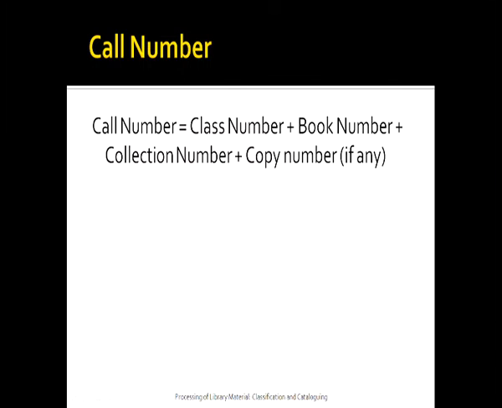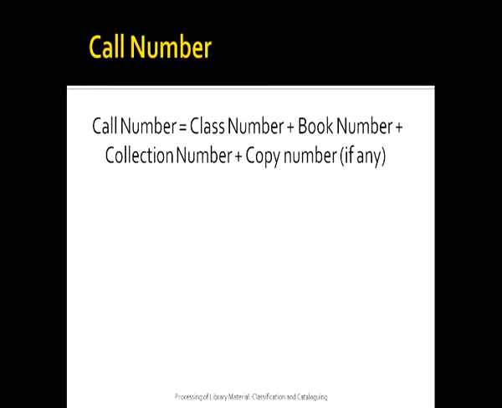Let us see how a call number is constructed. A call number has several components. Firstly, the class number, that is the classification number, which indicates the subject of the document. Secondly, the book number. The book has been published in a particular year or by a particular author. So, books on the same subject will have different book numbers.